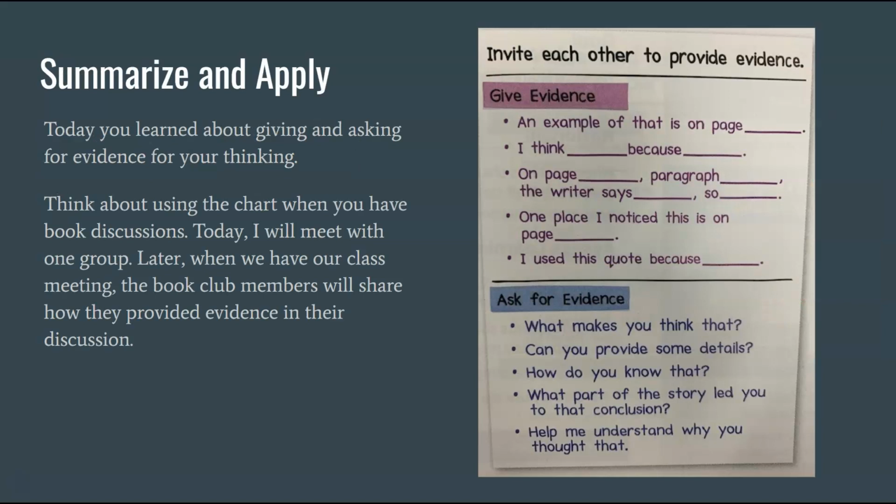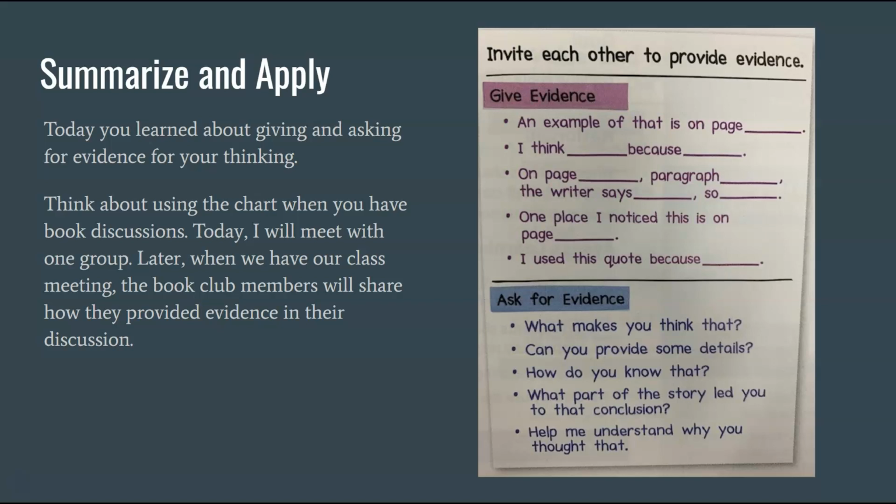If you need some help on how to provide text evidence, this is a perfect part of the slideshow to come back to, and I'll also put this slideshow on our Canvas page. So come back here and use one of these sentence starters to help you provide evidence. You can type this right on the discussion board, okay?